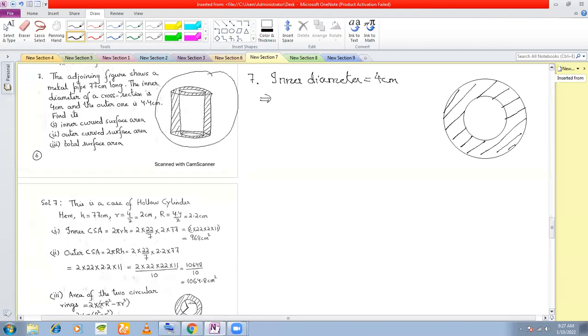That means what is the inner radius? Let's call the inner radius small r. It is half of the diameter, which is 2 centimeters. That means if you are looking at it from the top, your inner radius here is 2 centimeters, right? And the outer one is 4.4.